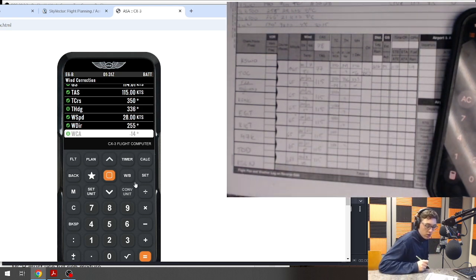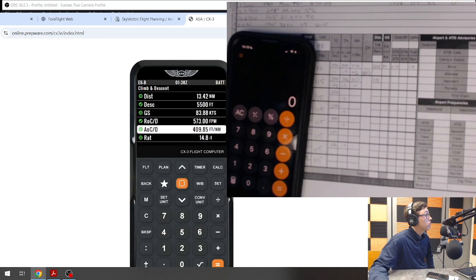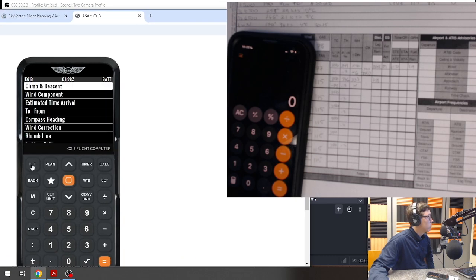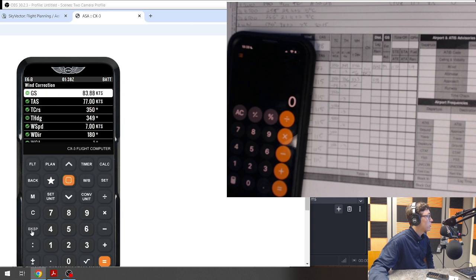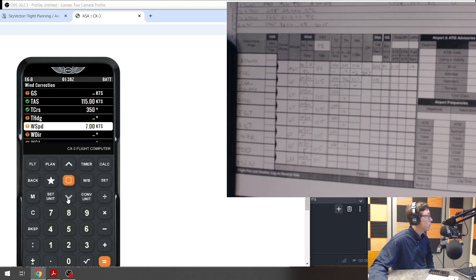Now, then you do the deviation, so on and so forth. We can't do that right now. However, that's what you're going to do. Let's go to our flight calculator, and let's do this one more time. Wind correction. Let's put in everything. True airspeed in the cruise section is going to be 115. True course 350.